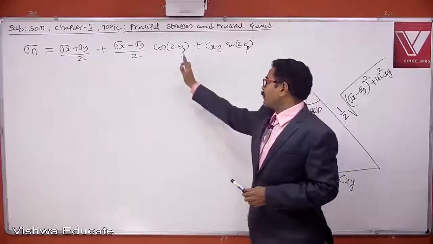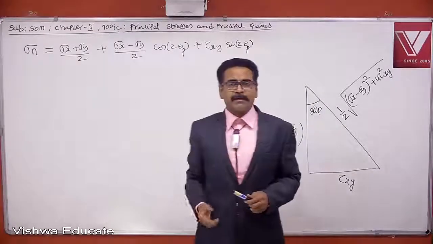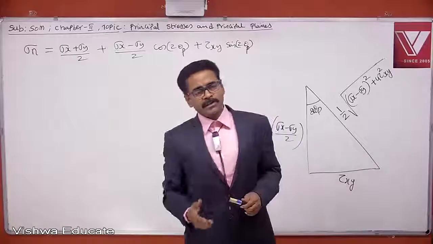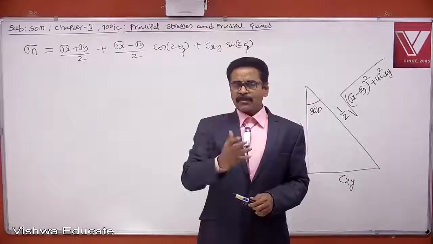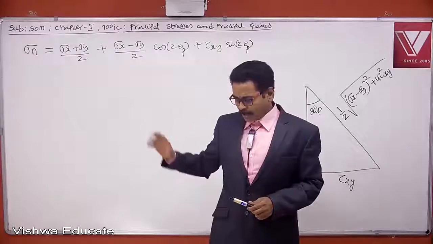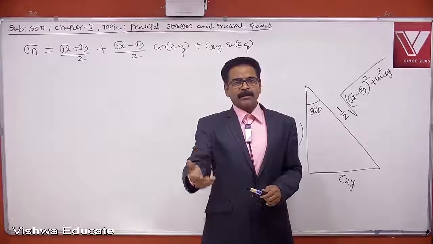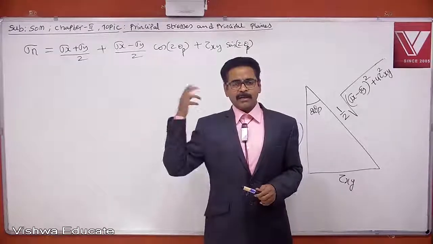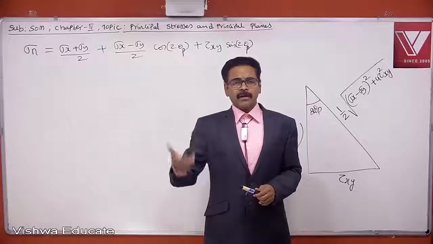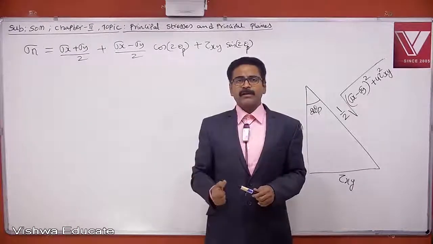If I put theta p here, I get the normal stress on the principal plane. Normal stress on a principal plane is nothing but principal stress. On the first principal plane, you will get a normal stress that is called the major principal stress. On the second principal plane, you get another normal stress that is called the minor principal stress.